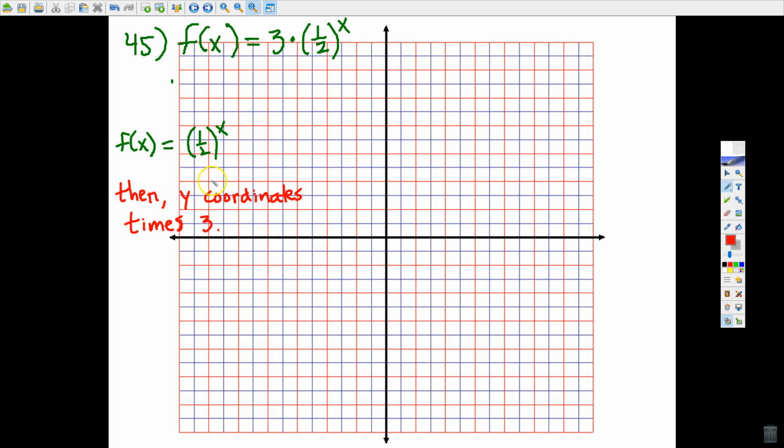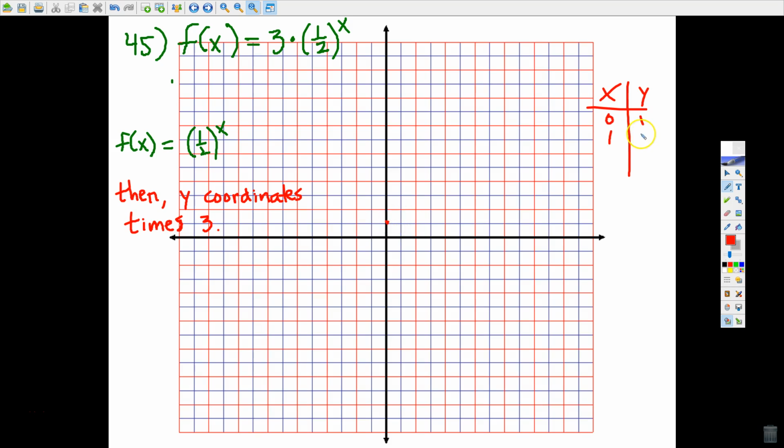So the way I'm going to graph this function f of x equals 3 times 1/2 raised to the x power, I'm going to start with the graph of what I'm going to call the parent function, f of x equals 1/2 to the x. So just some basic ordered pairs. If I input 0, I get 1.